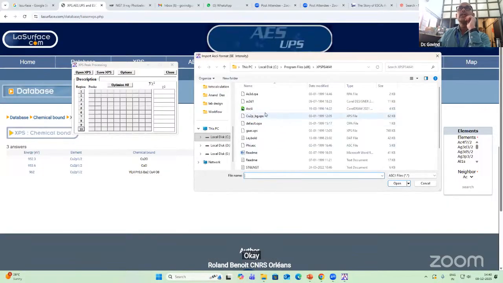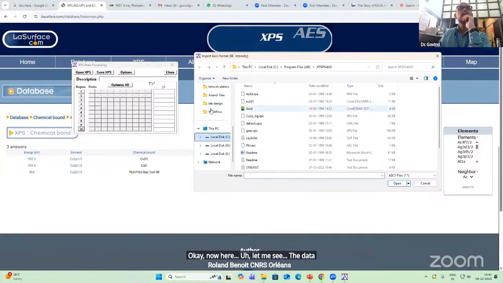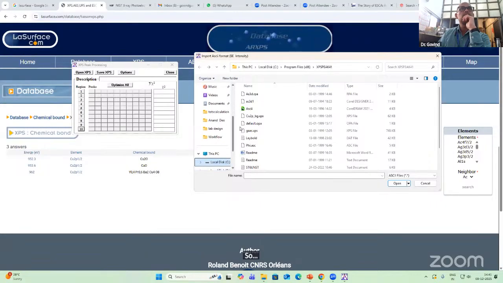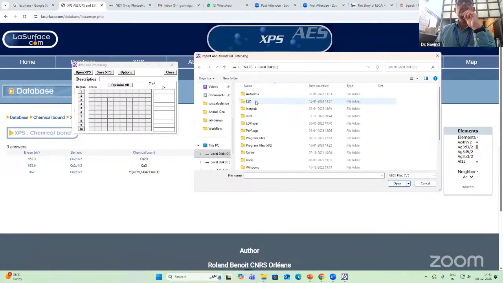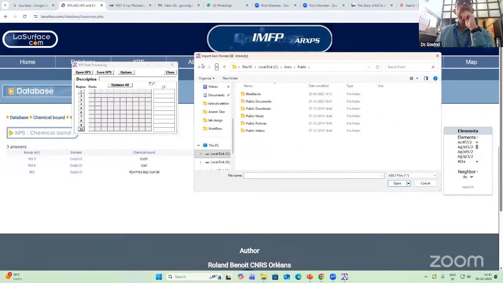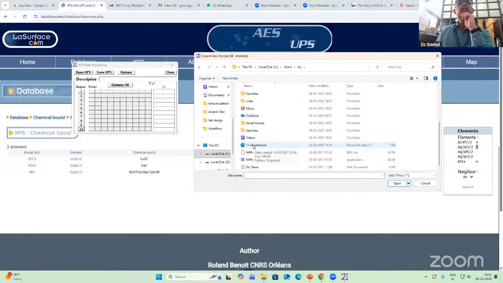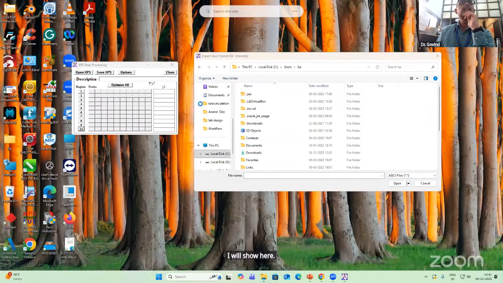Now here, let me see the data I have shared on the desktop. Here there is a database.